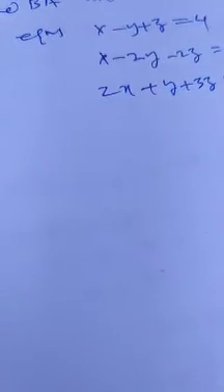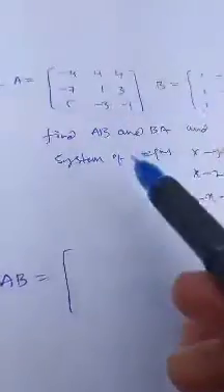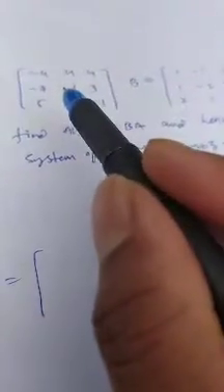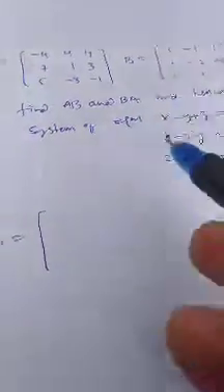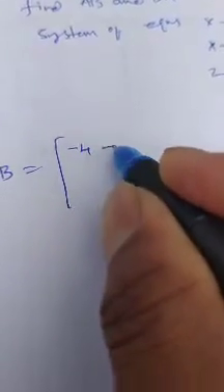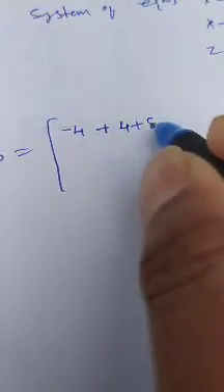So first find A into B and B into A. Then after using that you have to solve the system of equations. Okay, the inverse method. Let me find first A into B and B into A. Multiply the product of A into B. First row into first column, you will get minus 4 plus 4 plus 8.